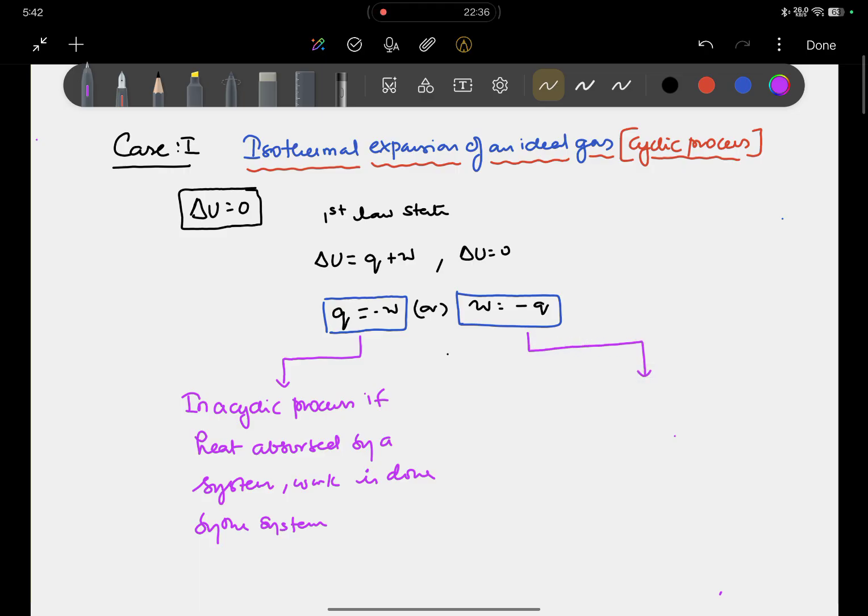I think work is done on the system. So in a cyclic process, if heat is liberated, it means work is done on the system. This is case number 1.